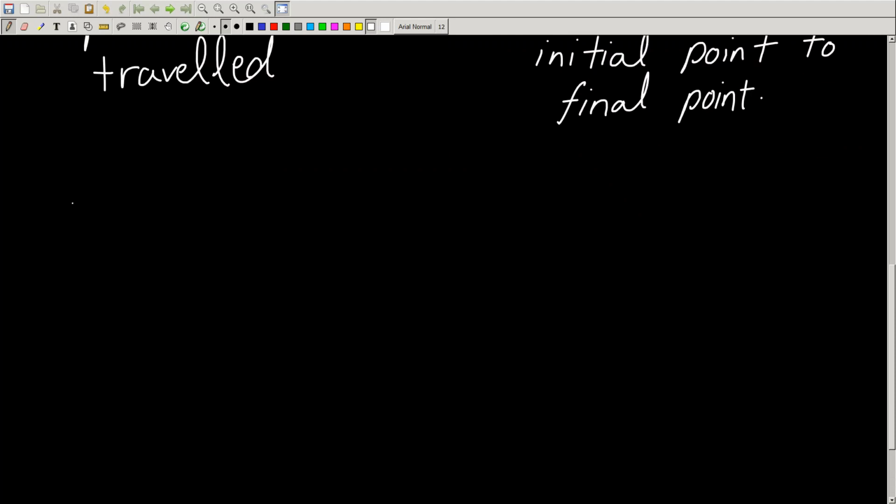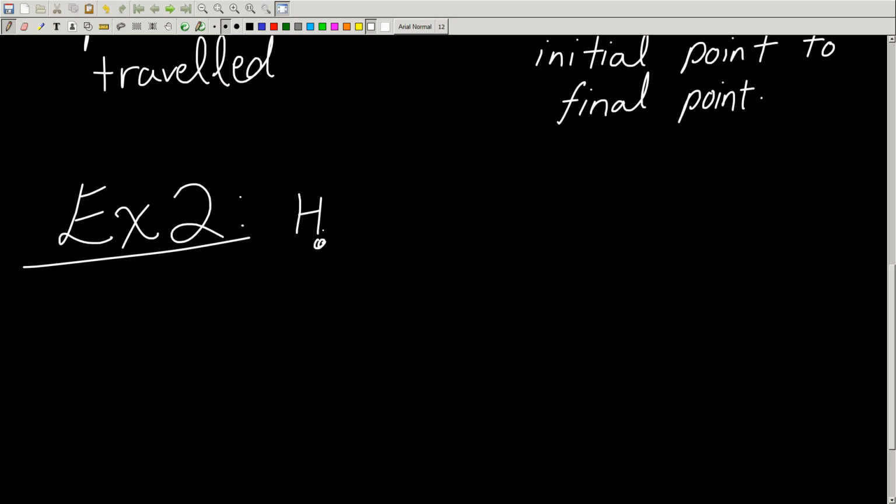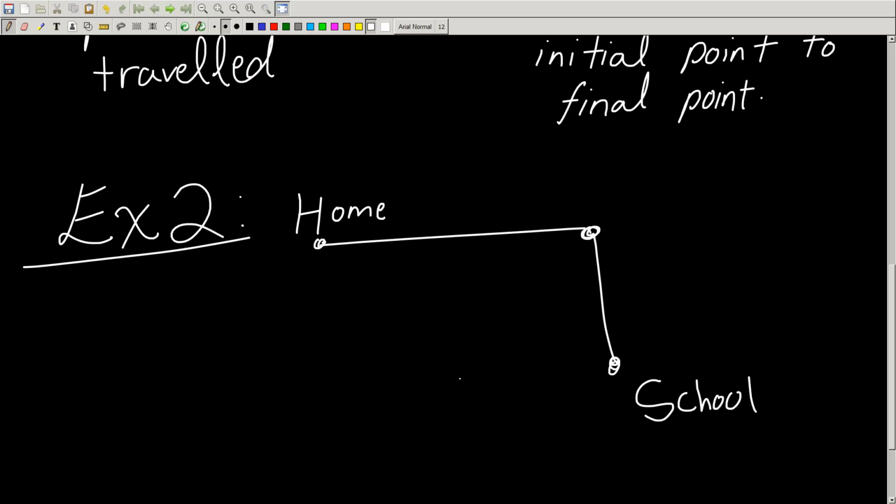Okay, so let's outline this with an example. I am traveling from home to school. And what I'm going to do is go this way, and then go that way. So I'm traveling from home to school.